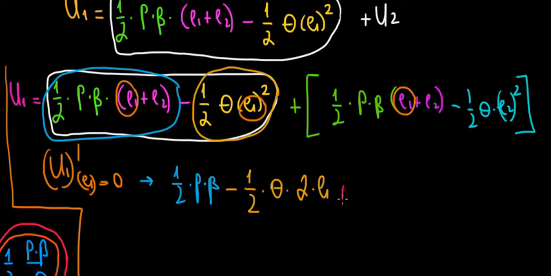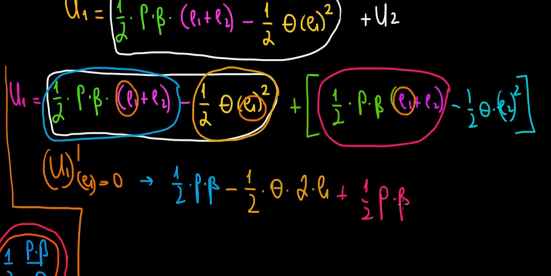We go to the next term. Over here we have plus 1/2 times all this derivative with respect to E1. We get 1/2 P times beta only. That's it. Everything else is related to E2, so the derivative with respect to E1 is just going to be 0. What we said is that this thing must equal 0. So we make it equal to 0. Let's cancel out some stuff. 2 and 2 go away.